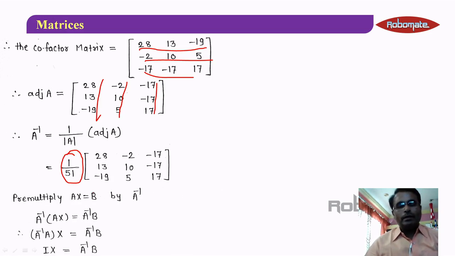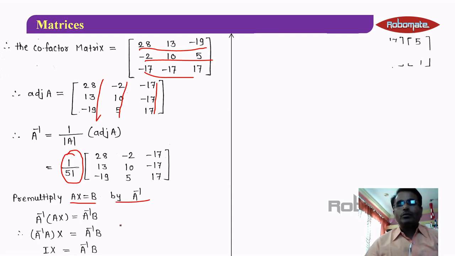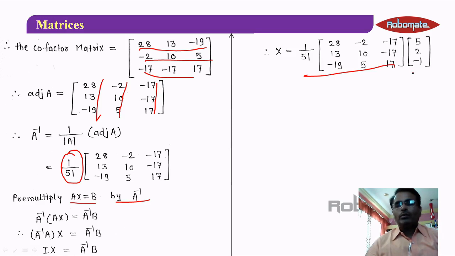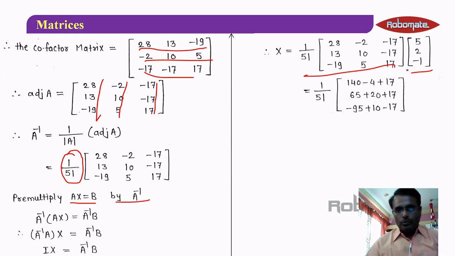But again, the system is Ax equal to B. As A inverse exists, pre-multiply by A inverse. So that gives X is equal to A inverse into B. This is your A inverse, and our matrix B is 5, 2, minus 1. So you have got 140 minus 4 plus 17.